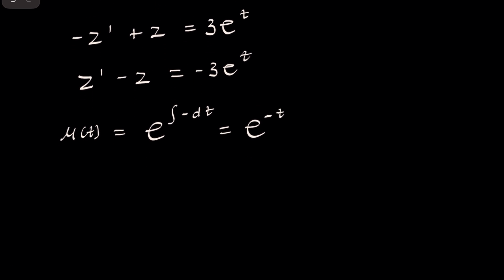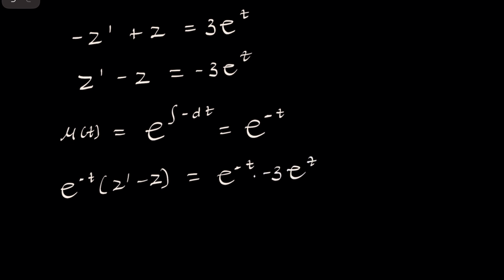And so our next step is to multiply through the differential equation by the integrating factor. So we are going to have e^(-t) multiplying z prime minus z is equal to e^(-t) multiplying minus 3e^t.